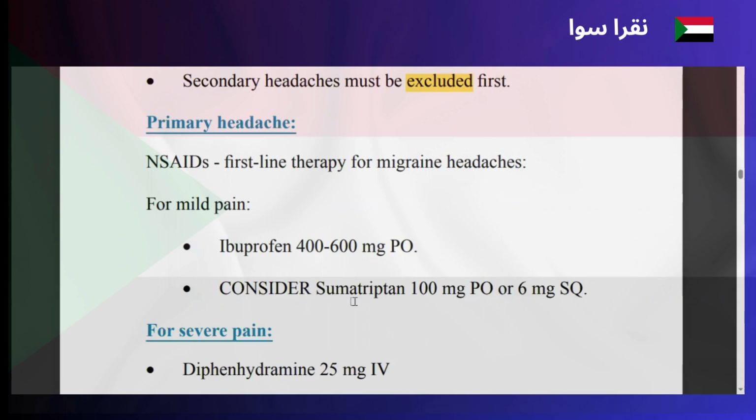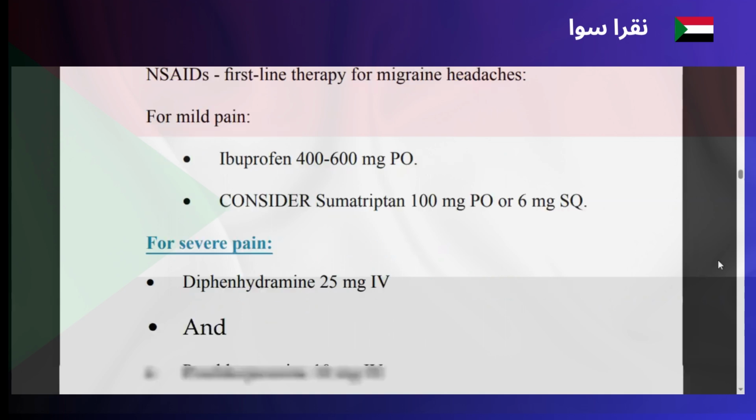Consider sumatriptan 100 milligram per oral or 6 milligram SQ.